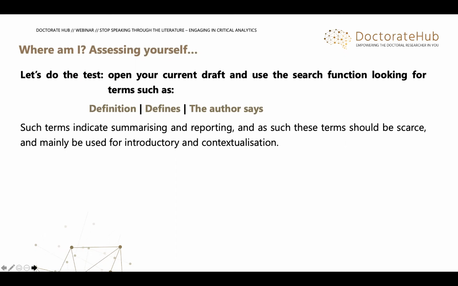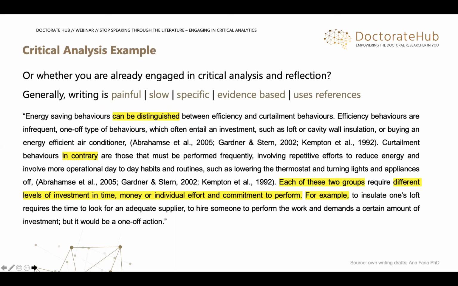The chance is higher that you will find some critical analysis, though you might just describe a process, like you have been doing, or the methodology will be like that. So it might still be descriptive writing without using the word definition. But if you find the word definition, the likelihood is great you are still not there. So when does it become critical?